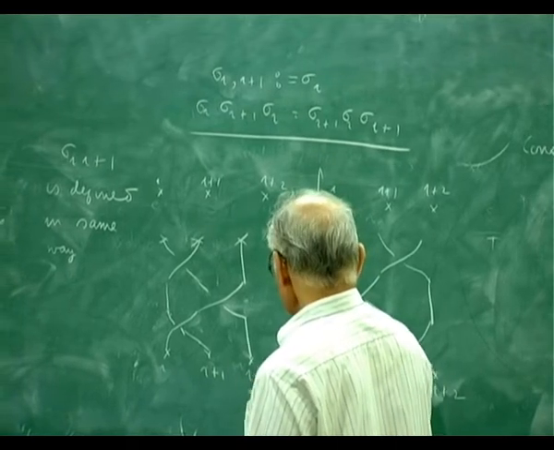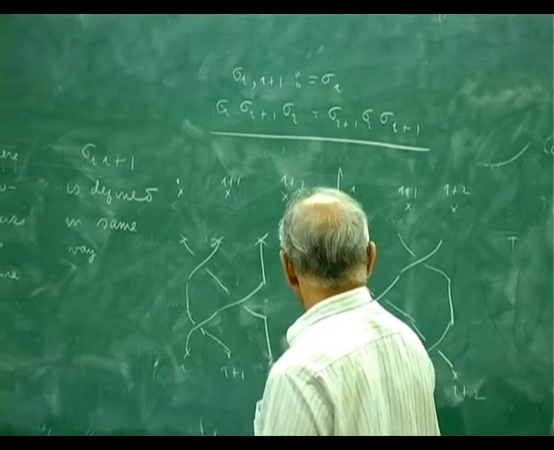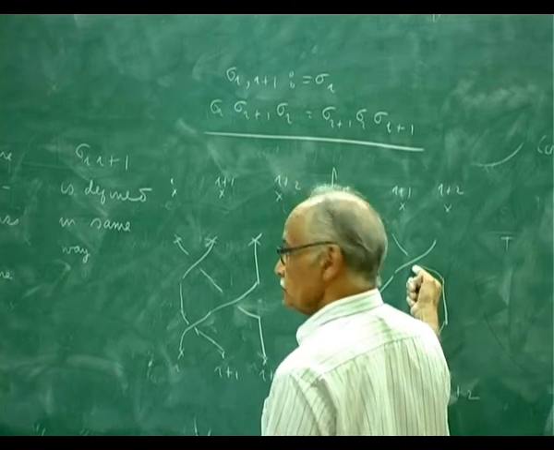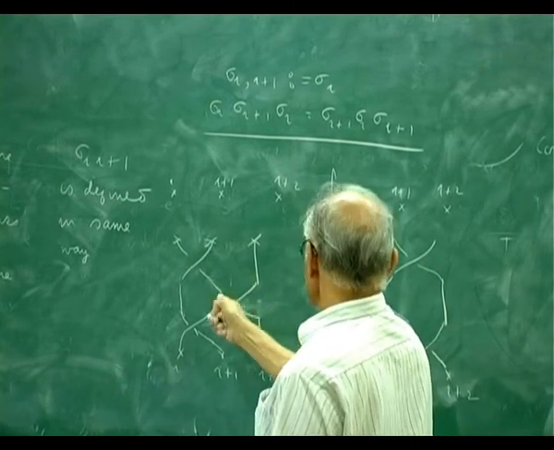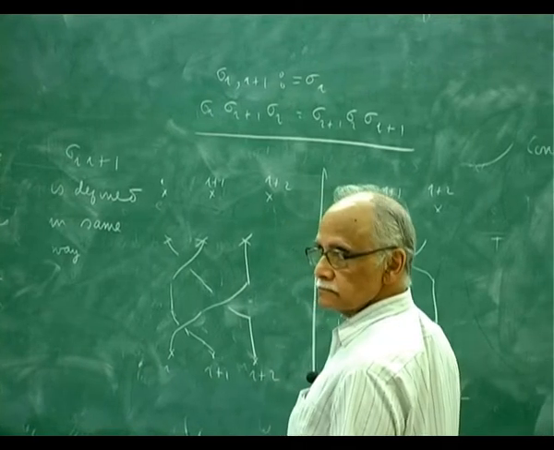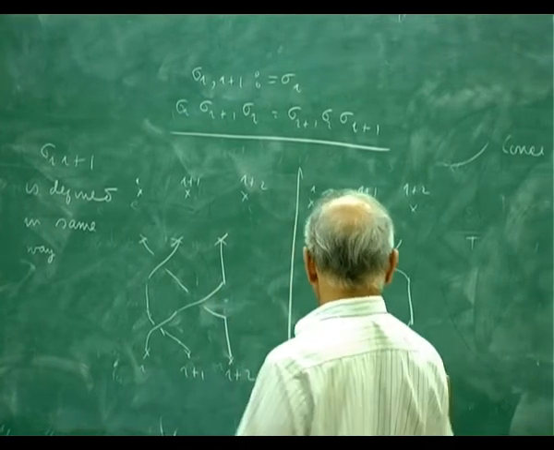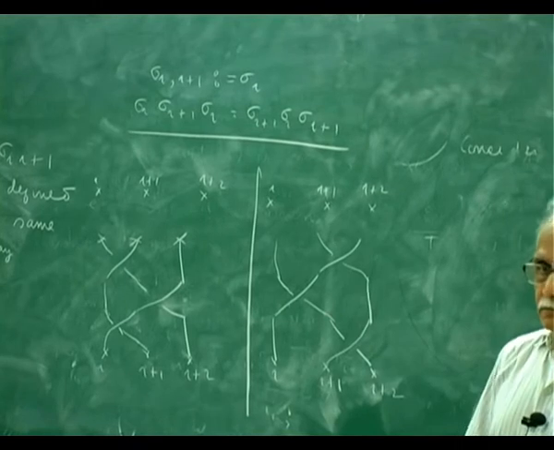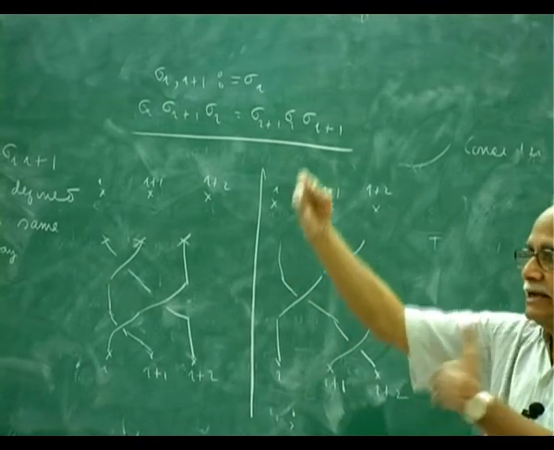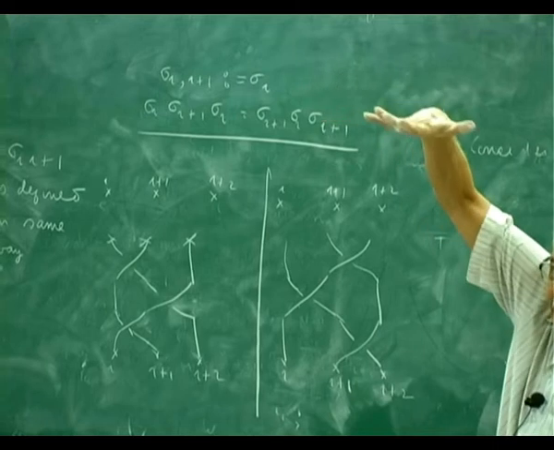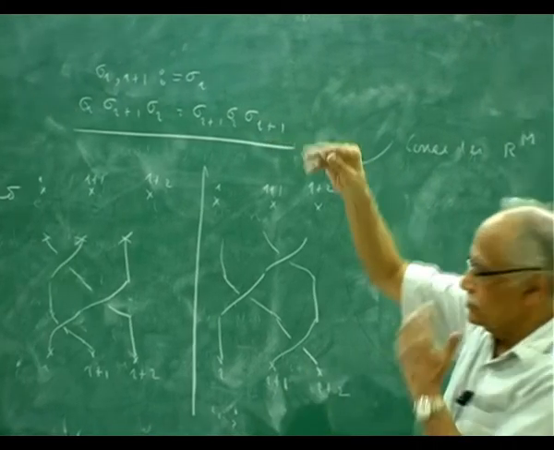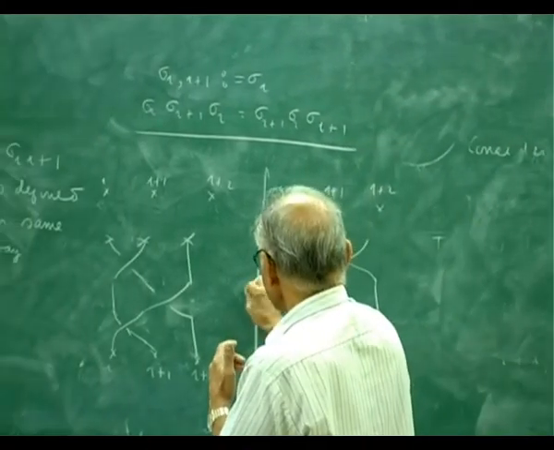This one goes underneath the one from i, like here also, and goes over the other one, which is this here, and the last one goes underneath both. If you think of it as strings, you can easily move them. So this is clearly homotopy.